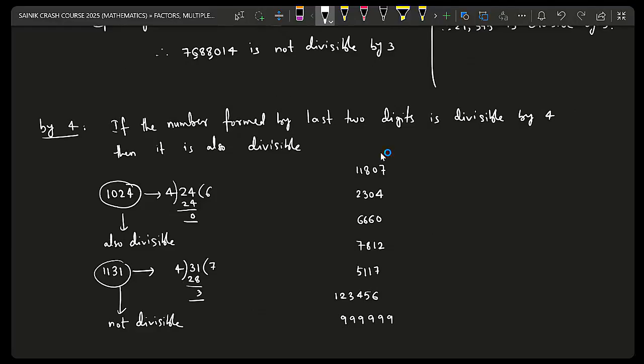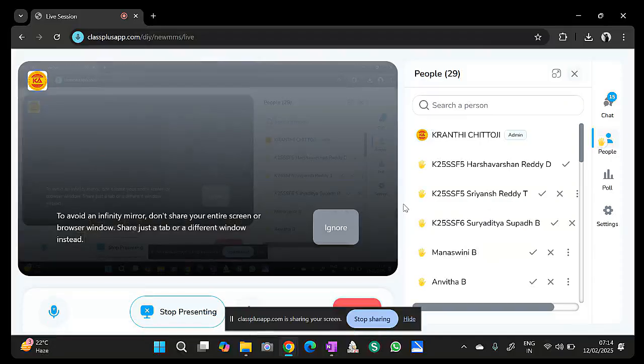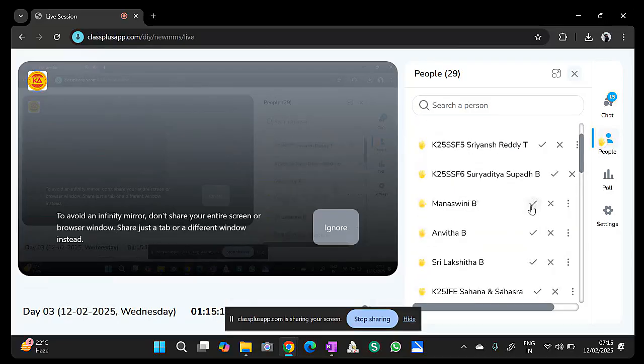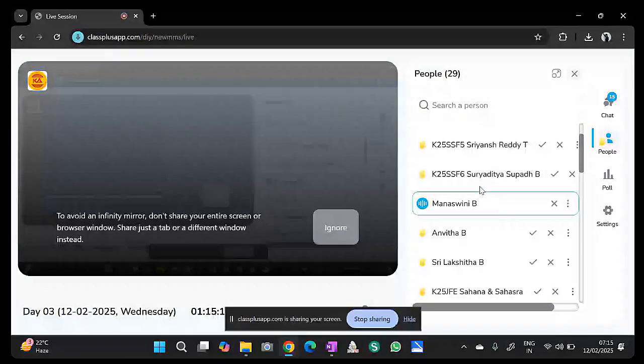Check whether these numbers are divisible by 4 or not. If yes, we will put a tick mark, otherwise it is wrong. Now, who will explain? Hashodan, Shriya, Surya? Manaswini, can you say the first answer?